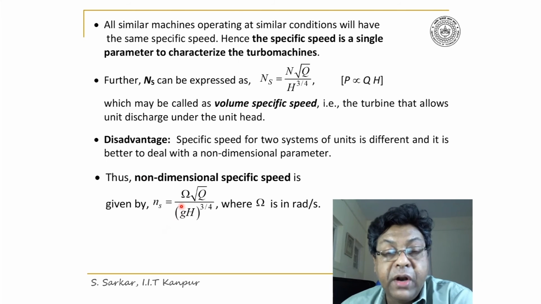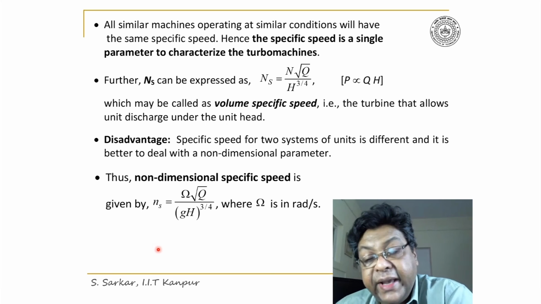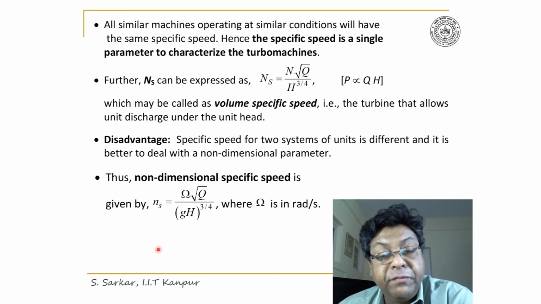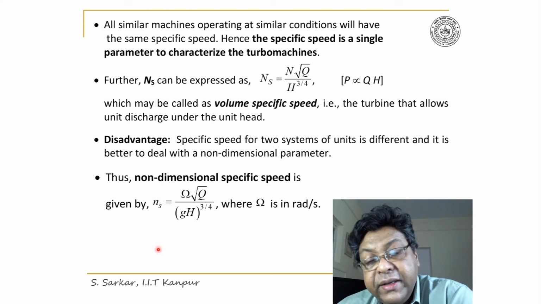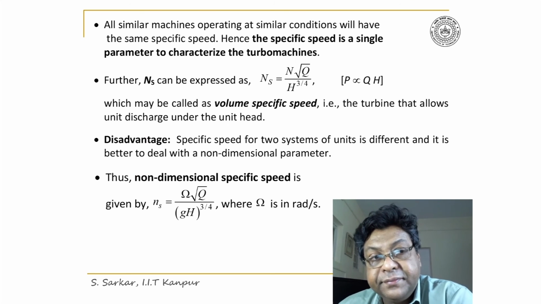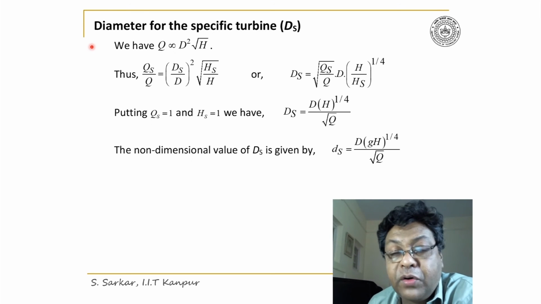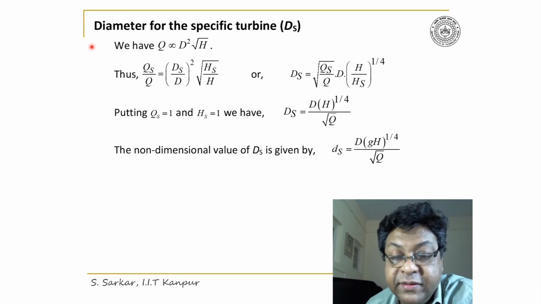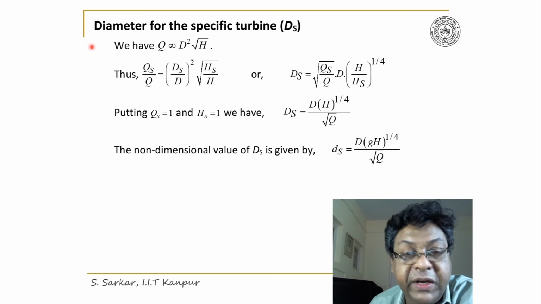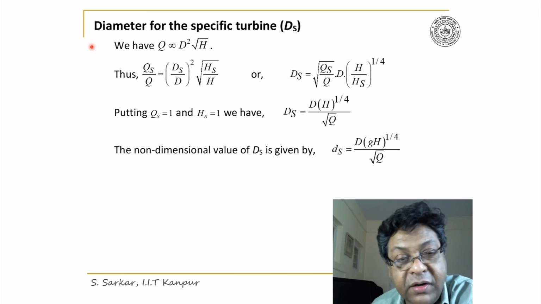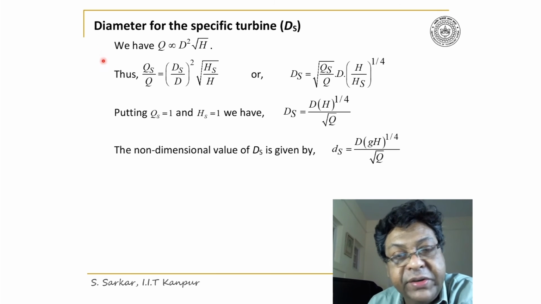Small ns is equal to omega into root over Q, by gH to the power 3/4. Now omega is in radians per second. The diameter of a specific turbine is called specific diameter. Let me derive the expression for the specific diameter, which is very easy.